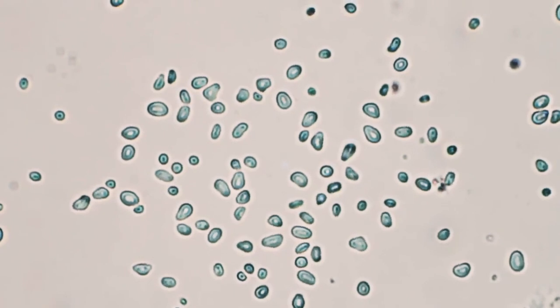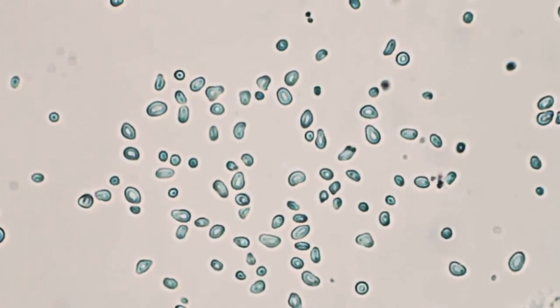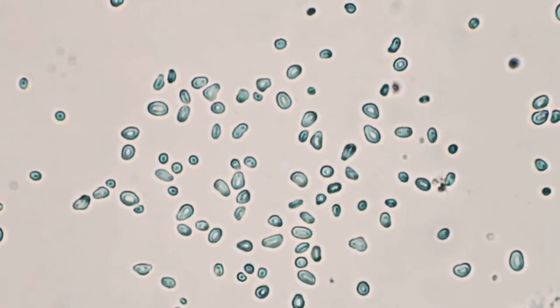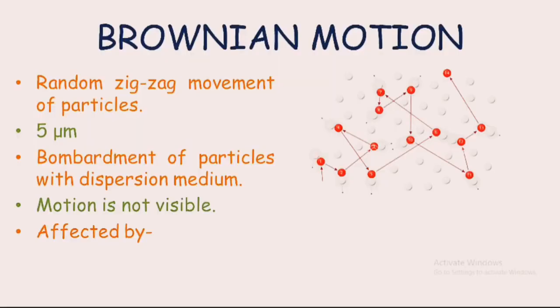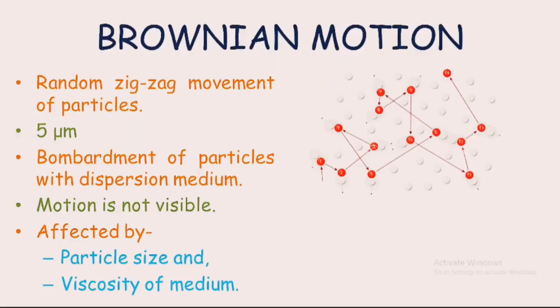The motion of the molecules cannot be observed, of course, because the molecules are too small to see. The motion is affected by two factors, particle size and viscosity. Particle size is inversely related to velocity, that is, the velocity of the particles increases with decreasing particle size, and viscosity is inversely proportional to the velocity.